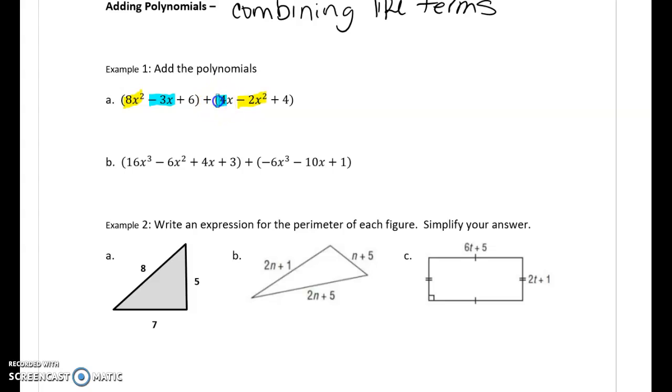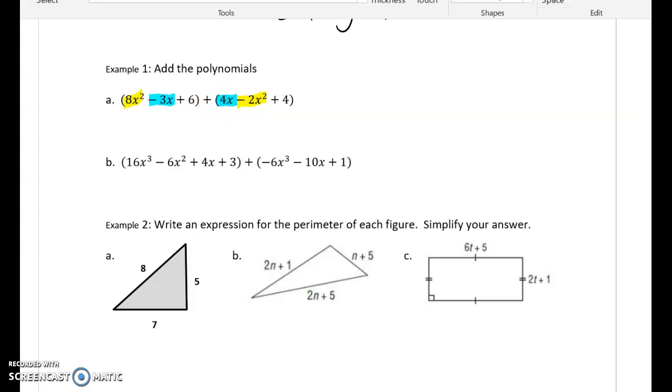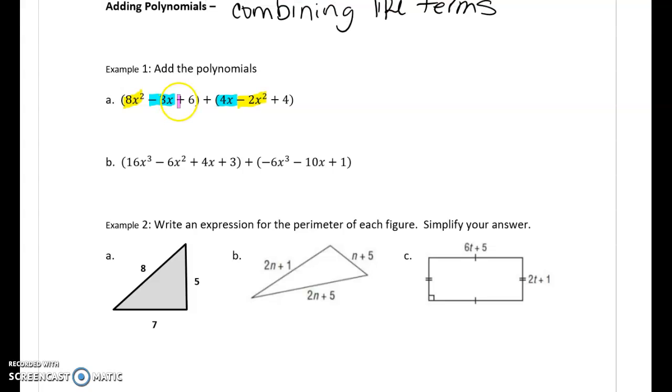Negative 3x and 4x are like terms because they have the same variable and exponent combo. 6 and a positive 4, like terms.